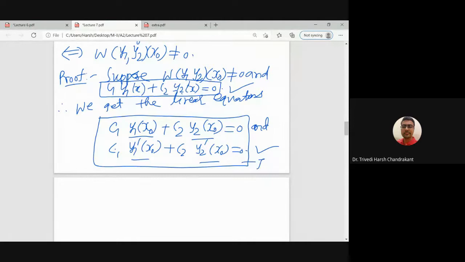Let us call this equation number A. What we know is that the Wronskian is not 0.